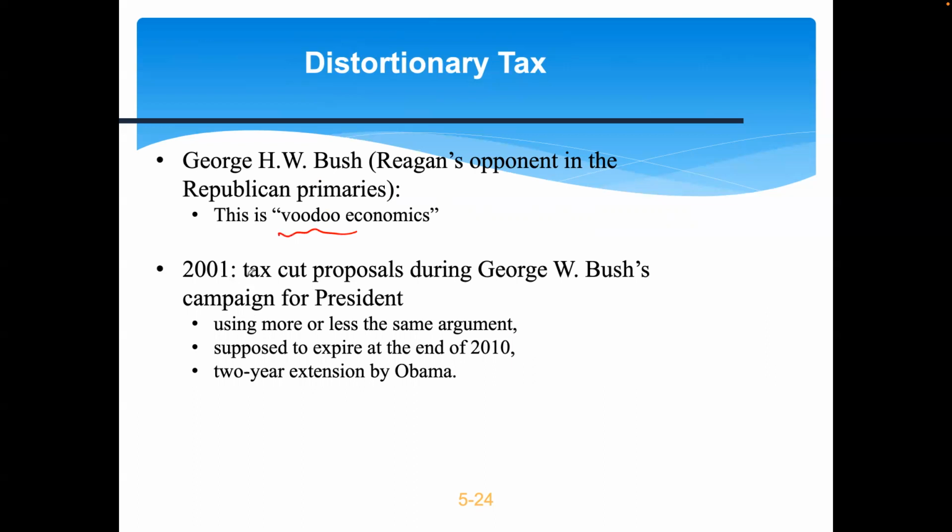However, in 2001, the younger Bush used more or less the same argument as President Reagan, and reduced the tax, and eventually this tax cut was extended by Obama. But largely that's just because of the financial crisis, so they were trying to reduce the tax to stimulate the economy. So this is a quick history of the economic thoughts on how tax can affect our economy.